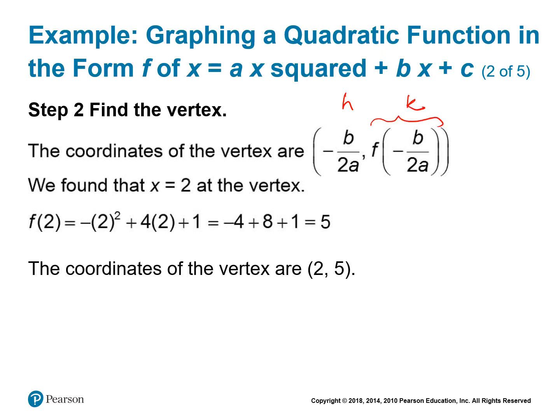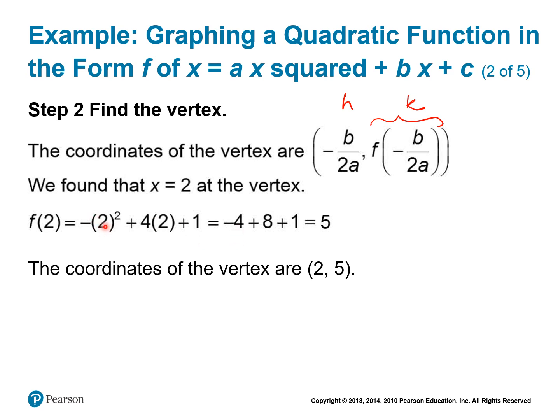So we already found that h, which corresponds to the x coordinate of the vertex, was 2. So all we have to do is plug in 2 into the function of minus x squared plus 4x plus 1. And that's exactly what they did.